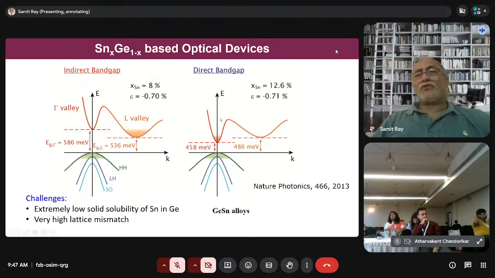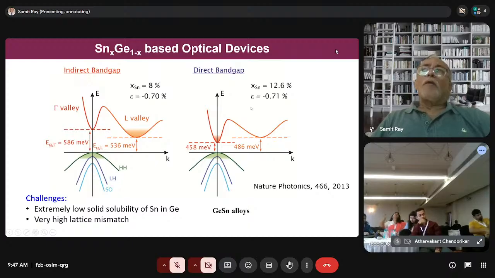But theoretically, it has been shown that if you can go to 10 to 12% tin, you can get a direct band gap semiconductor. Unfortunately, it is very difficult to make a germanium-tin alloy because of the extremely low solubility of tin in germanium. This is due to a thermodynamic problem, and it has a very high lattice mismatch.